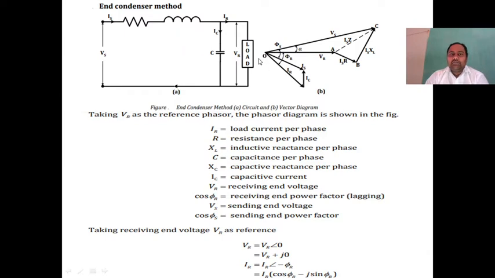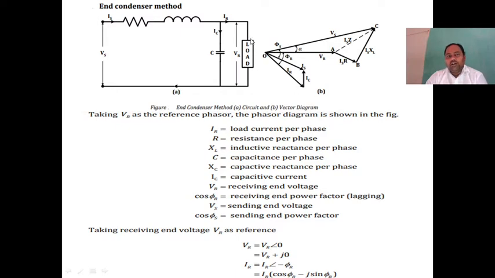What is the first step? Draw VR as the reference quantity, meaning VR at an angle of 0. So O2A represents VR. Once VR is the reference, how can you draw IR? Just like the previous case, IR is always lagging, because all the loads are inductive in nature.